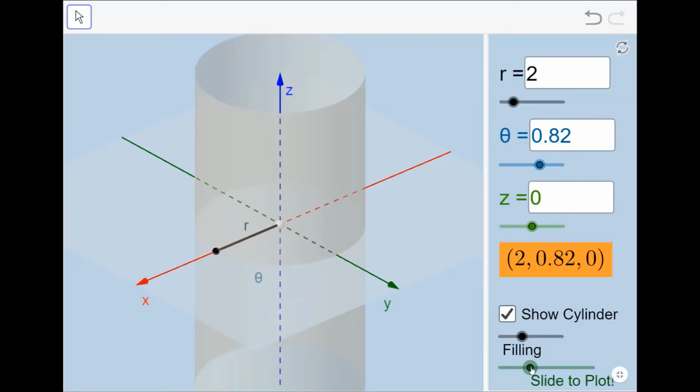to point it, we have to get the radius r, and we take a particular angle, this 0.82.